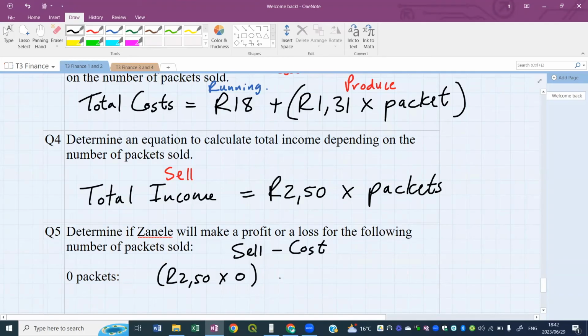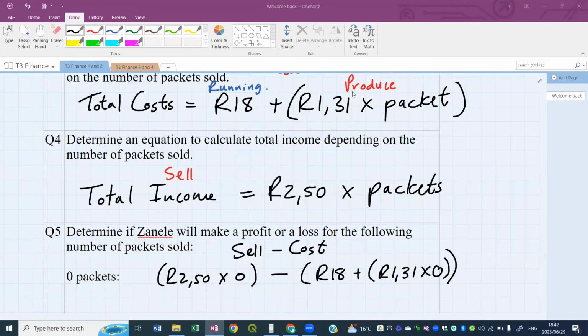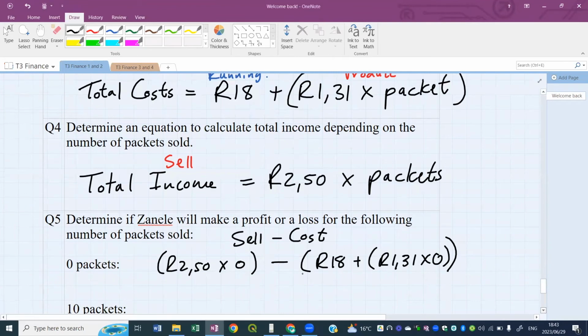That's the income that she'll get, right, when she sells, minus the cost. Well, the cost is always 18 Rand plus 1 Rand 31 times 0, because you're not selling anything. All right, this is for no packets. Okay. All right, let's have a look.